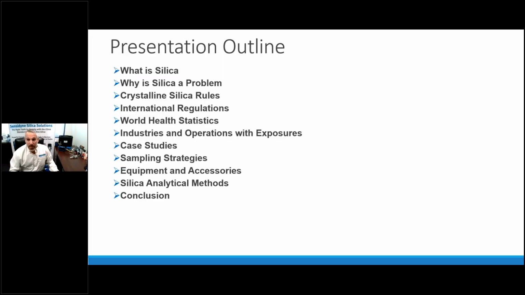As an outline, we're going to cover what is silica, why is silica a problem, some general rules globally around silica, and then I'm going to talk about some UK specific rules, some international regulations, some World Health statistics, some key industries and specific operational tasks that have airborne respirable silica produced. We'll go over a couple of case studies.